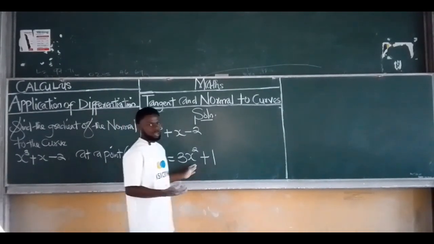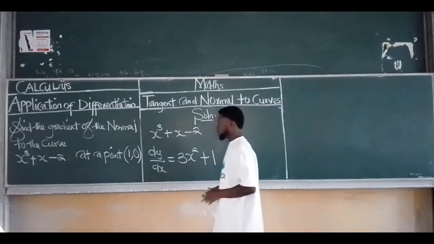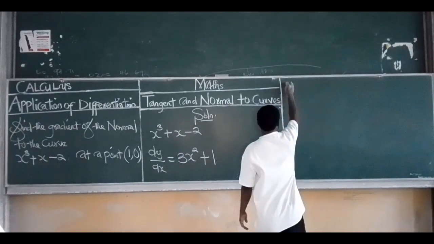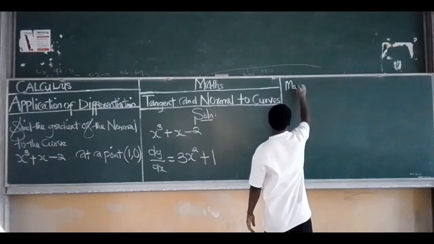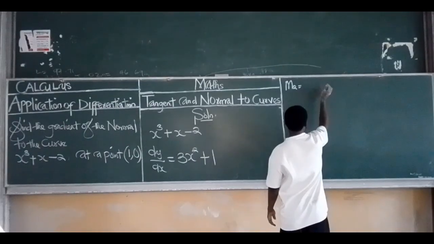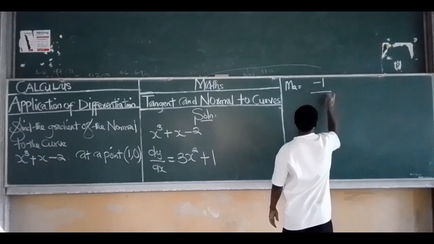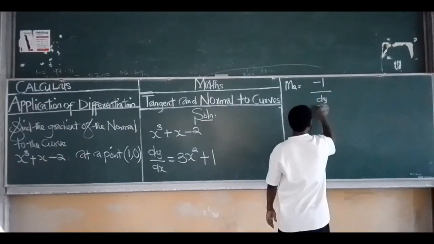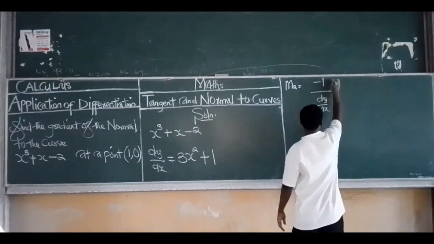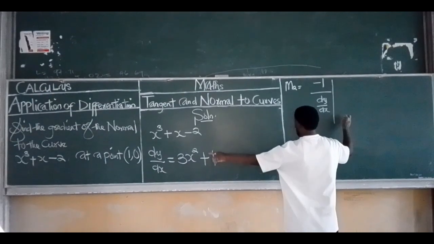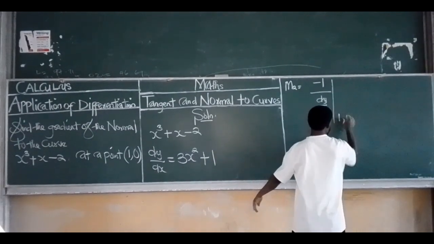Now the question is, what is the gradient of the normal? Gradient of a normal, call it M2, is given as minus 1 all over dy over dx at a point 1, 2.